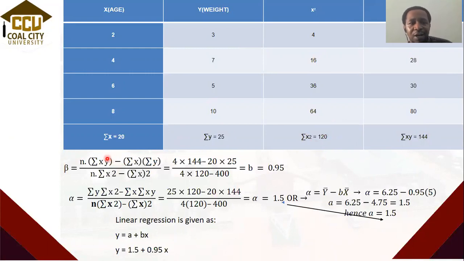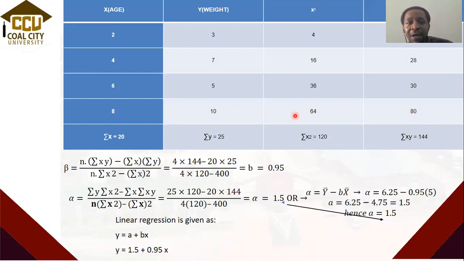Now, the next thing we simply have to do is to use our formula. Remember, the regression formula, the linear regression equation is still y is equal to alpha plus beta x. Now, the first thing we have to look for is the beta value.